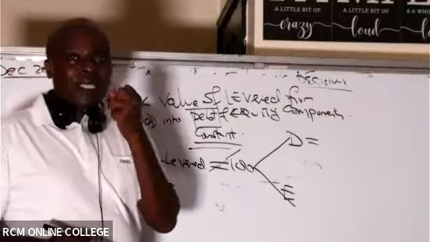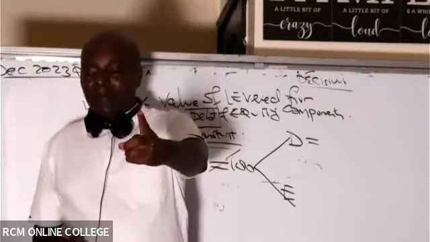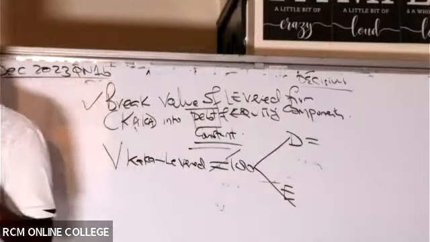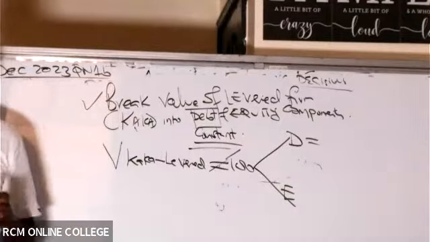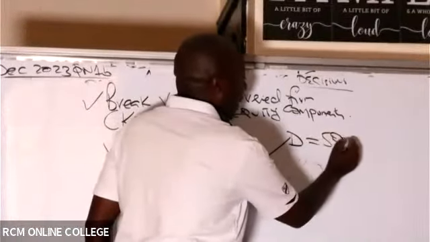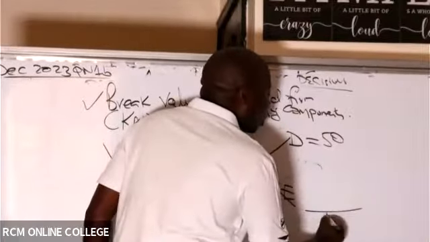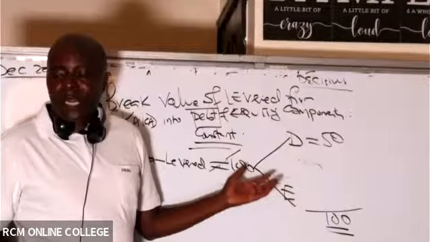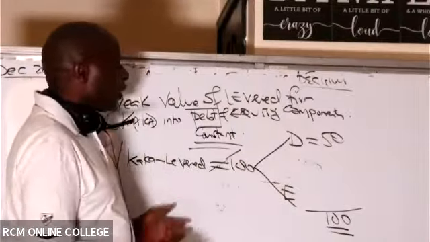Have they given me the debt of Kaka? Look at that column. They've told me it's 50, isn't it? The debt of Kaka is 50. But now remember that the total farm value is 100. The value of Kaka is 100. So how do we get the equity?